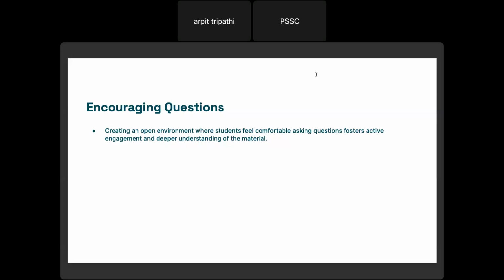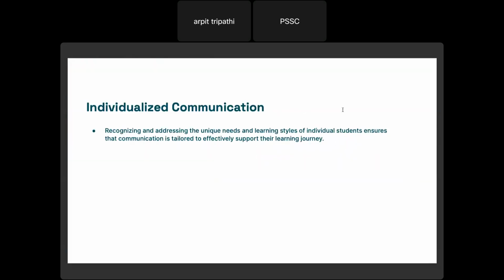So, this is how active engagement can be used inside the class. Individualized communication: you try to recognize and address the unique needs and learning styles of individual students, which can ensure that communication is tailored to effectively support their learning journey.